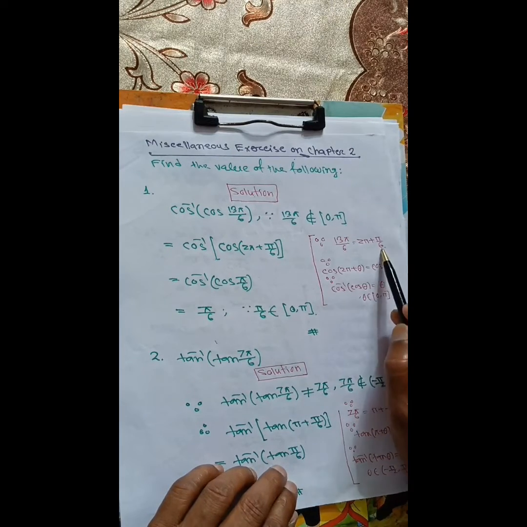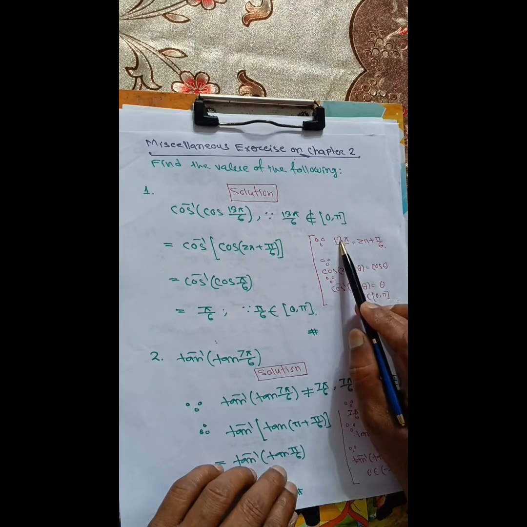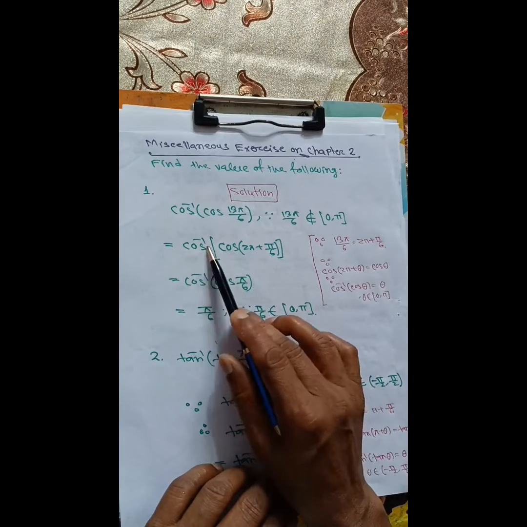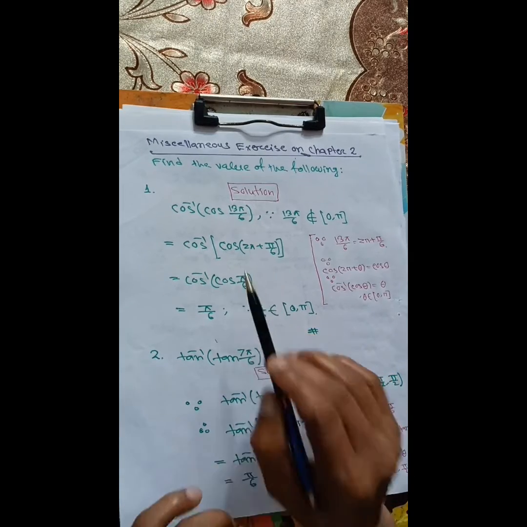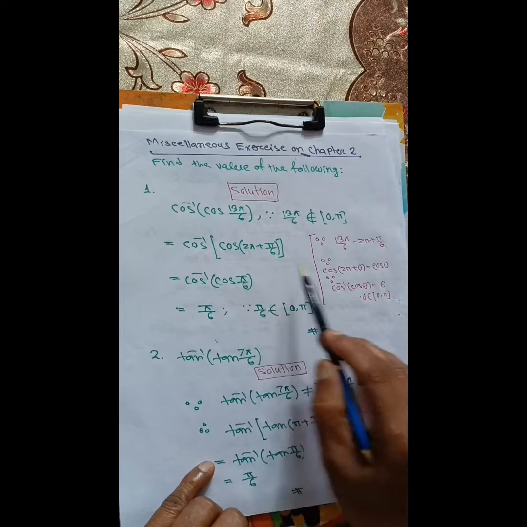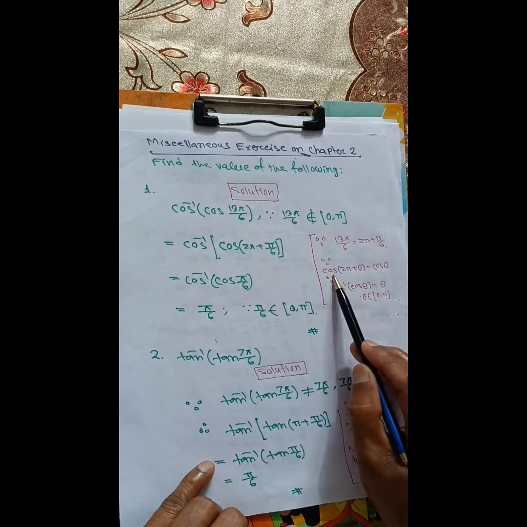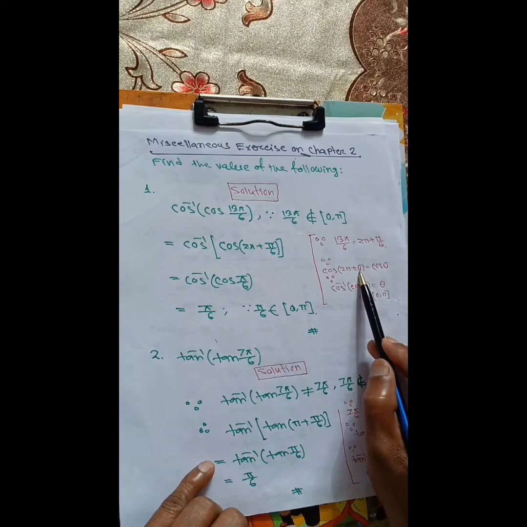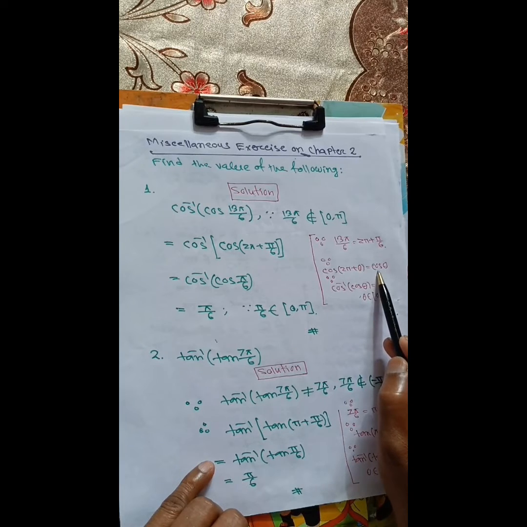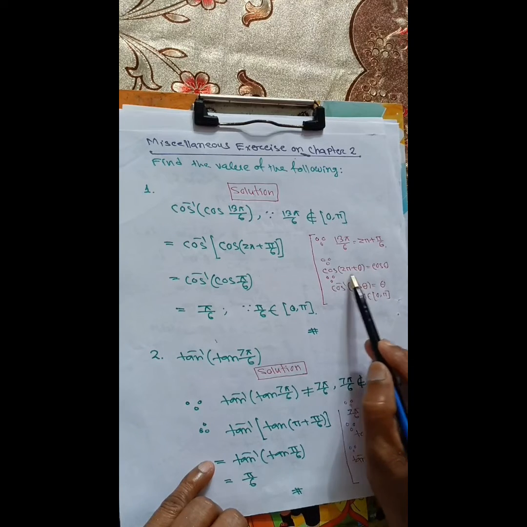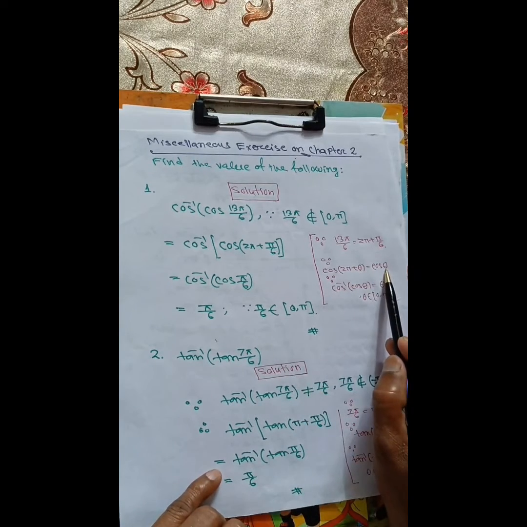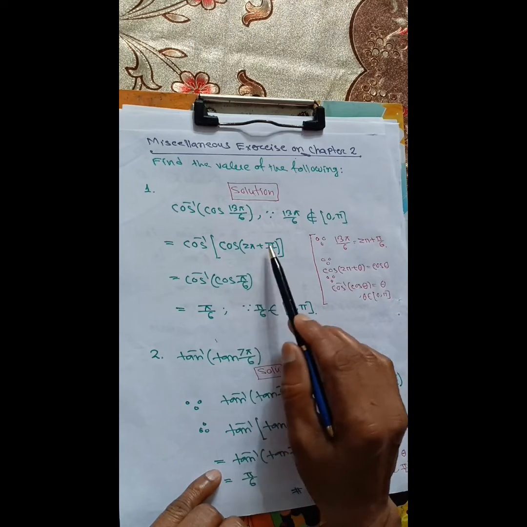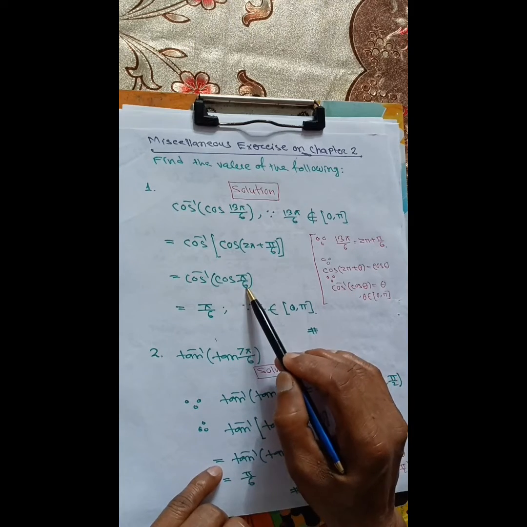Now we get cos inverse cos of twice pi plus pi by 6. Now we have to use this formula, that is cos twice pi plus theta is equal to cos theta. In which quadrant does this angle lie? This angle lies in the first quadrant. In the first quadrant all are positive, so it is positive. So we get cos pi by 6.